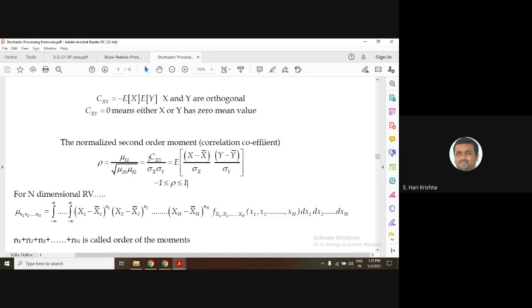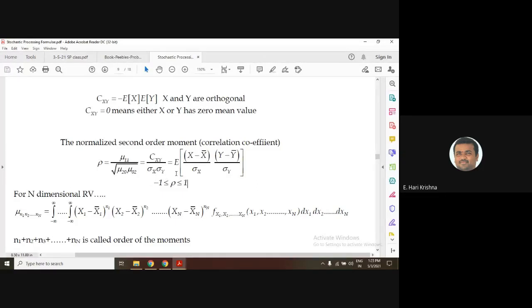Mu 1 1 is the covariance. Mu 2 0 is sigma x square and mu 0 2 is sigma y square. So the square root and square cancel, leaving sigma x and sigma y.